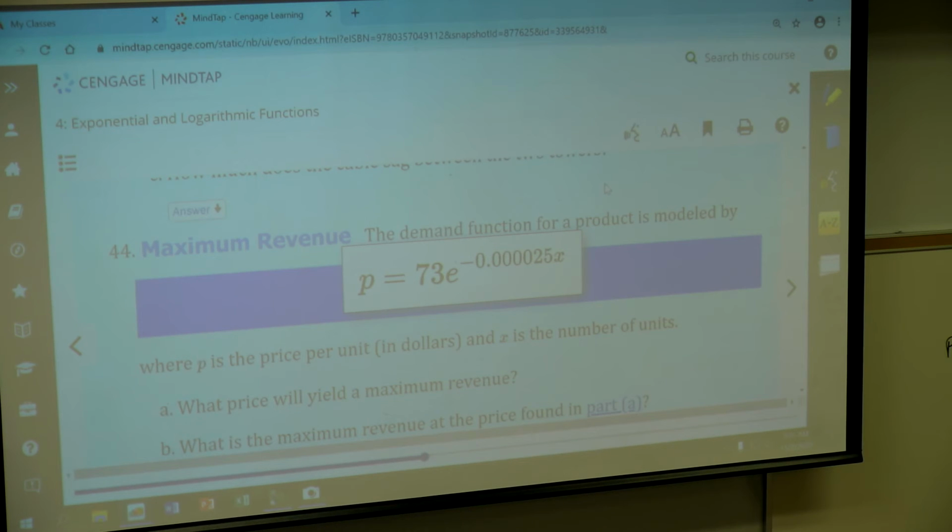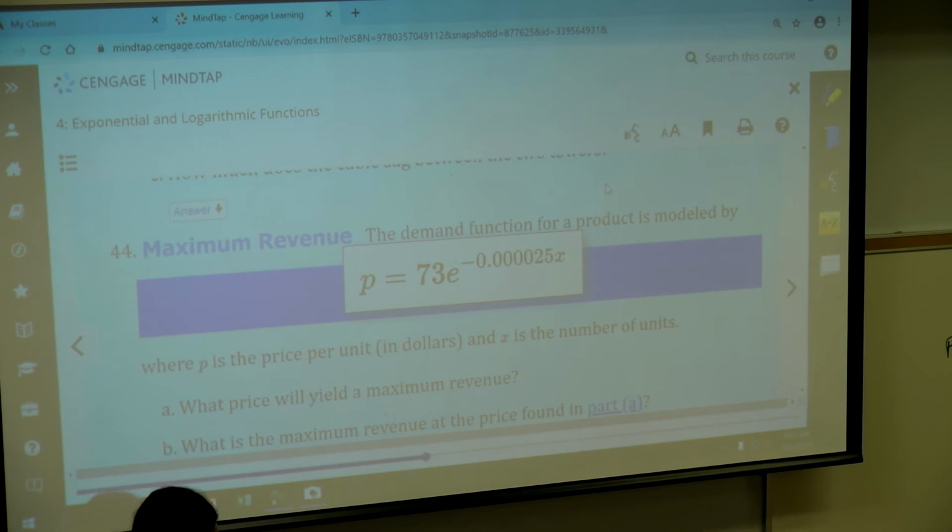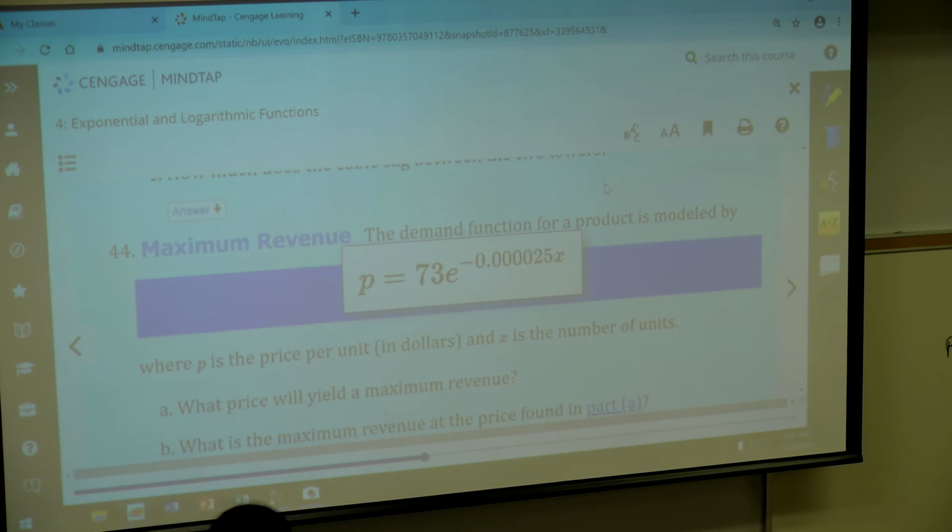For what value of x would that equation be true? It can only be 0 when x is equal to infinity, because it is a decay function.